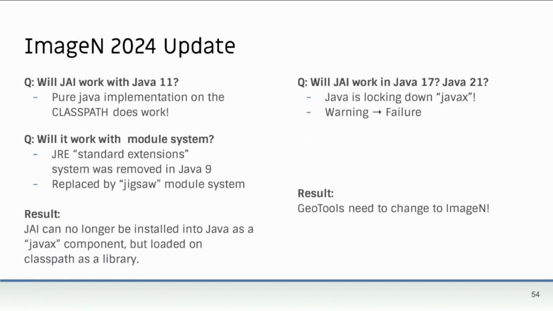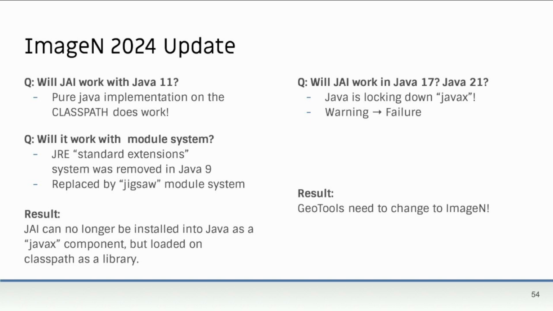So here's what happened in 2024. We've gotten some funding, I'll talk about it in a moment. JAI is a pure Java implementation and it does work in Java 11, though it has some conflicts with the Java module system.